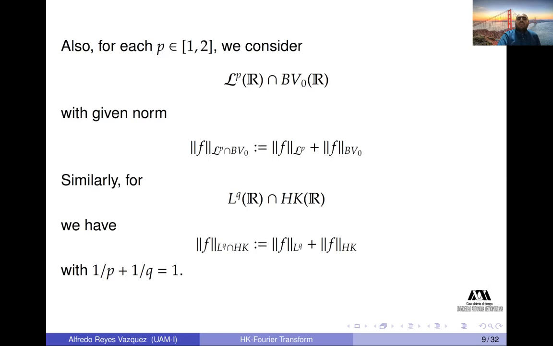Also, for each p in the closed interval [1, 2], we consider the intersection between LP and BV0 with this norm. And similarly, we have this intersection. Notice here that the first one is a set of functions, and here in the second intersection, we have equivalence classes with this norm.